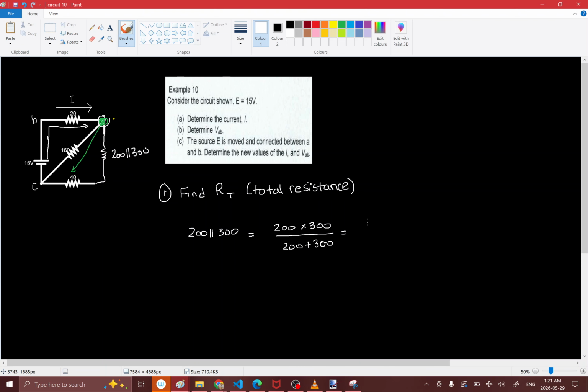And so that's going to equal 60,000, I think, divided by 500. And that should equal, 2 zeros are gone there, so it's going to be 1.2. I'm not using a calculator here, but it should be about 120.